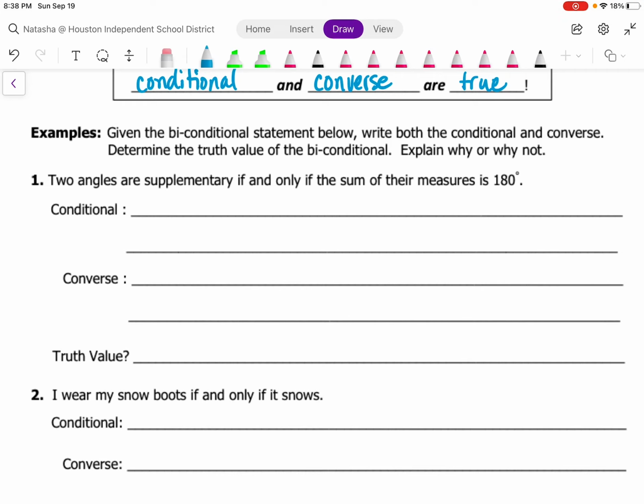So our first example that we're going to look at, given the biconditional statement below: two angles are supplementary if and only if the sum of their measures is 180.